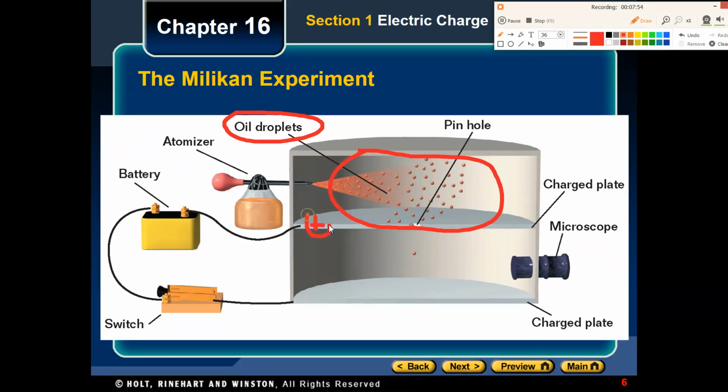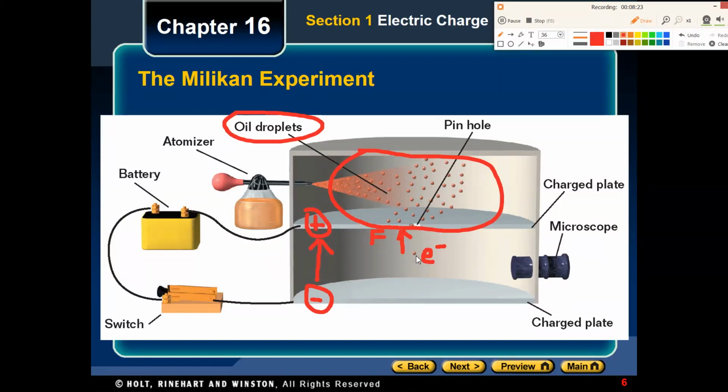I believe positive is here and negative at the bottom, because all the oil droplets are charged by electrons. In the electric field, the electrons, the negative charge, are going to experience some force. The force is upward. There's an electric force.